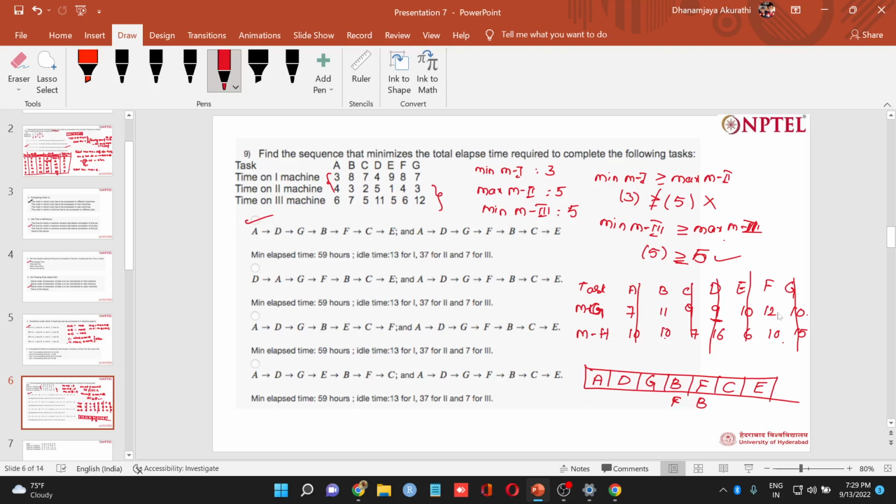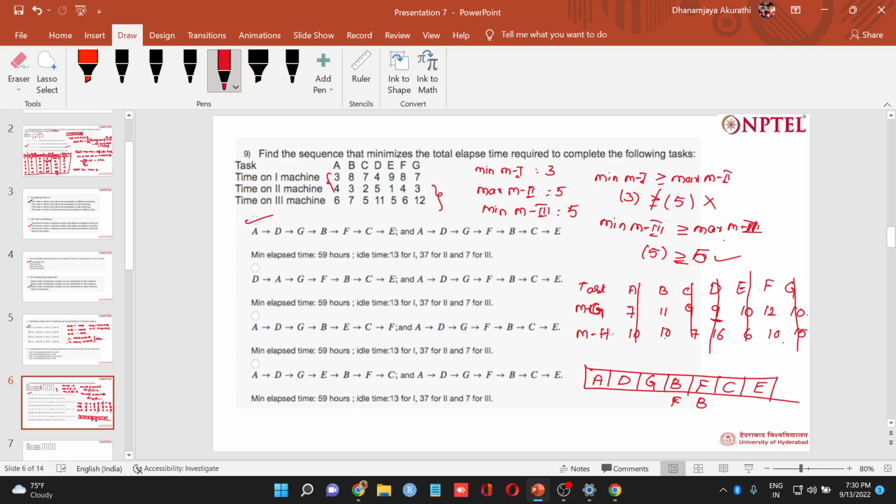But in most of the cases, to find out the time calculations, first assign the F value at the last. Why? Because the corresponding other job's value is 12, which is maximum, than the 11. So first assign the corresponding job at first or last, based on which mission it is coming from.